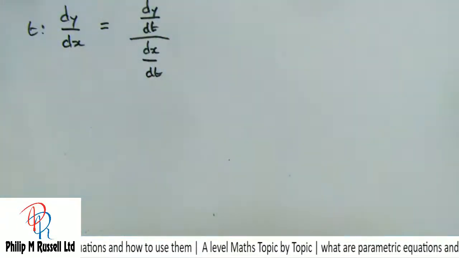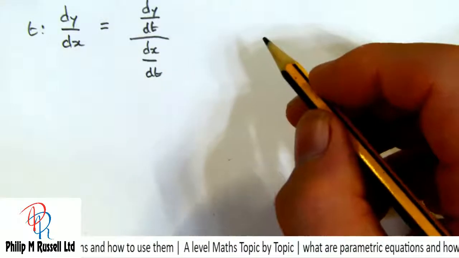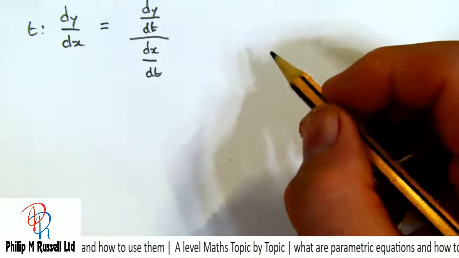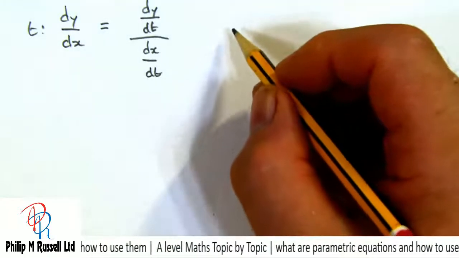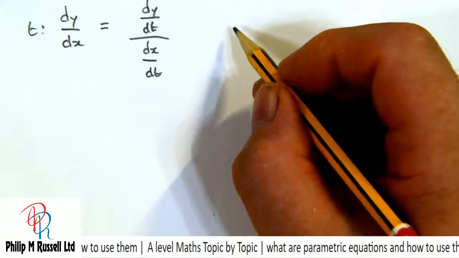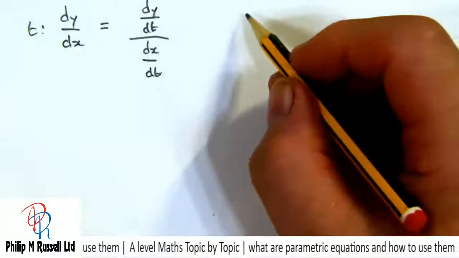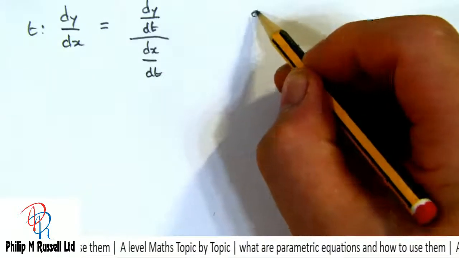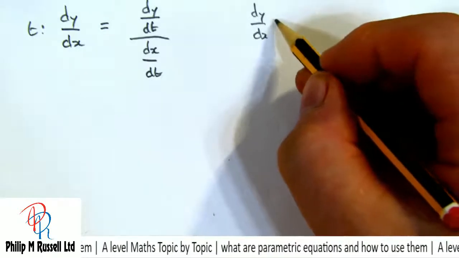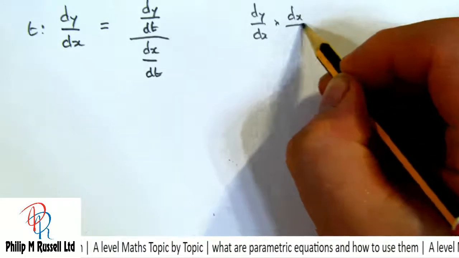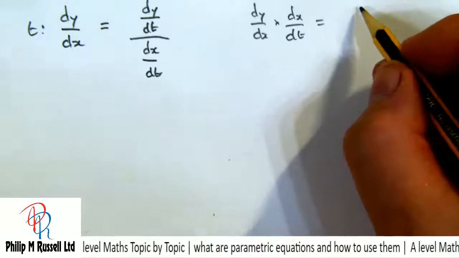And this is our parametric formula. We get this from working out basically the chain rule, and we get that by working out that dy by dx times dx by dt would give me dy by dt.